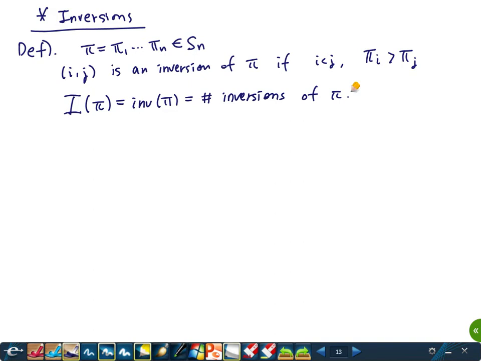We learned this when we defined the determinant. And the sign of a permutation is defined to be -1 to the number of inversions. All right, remember? Inversion. And proposition.